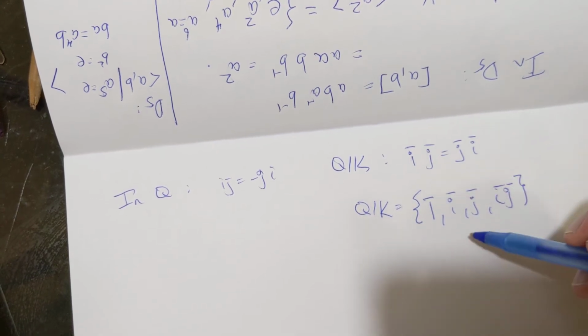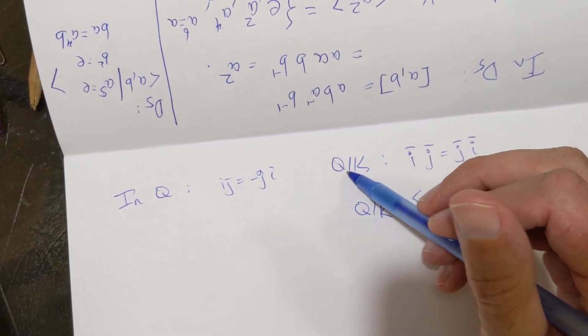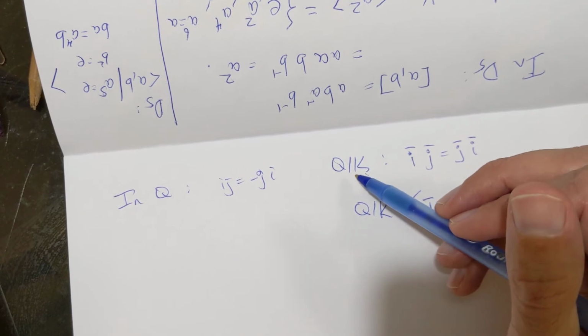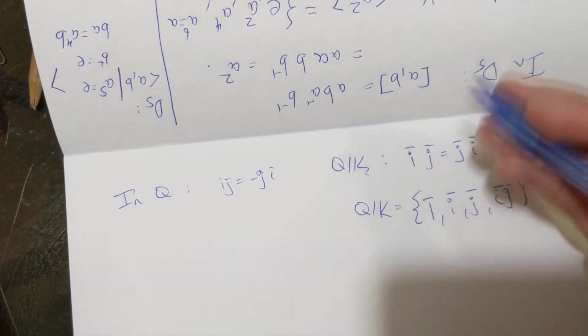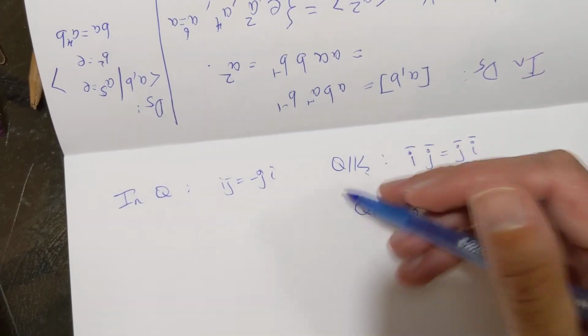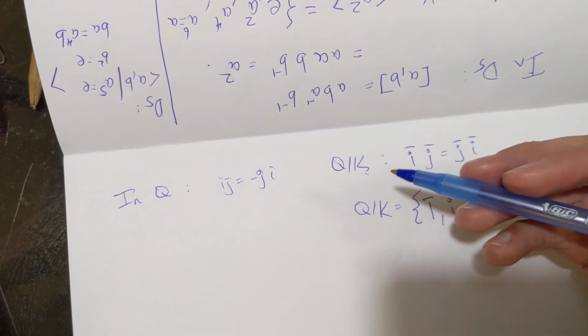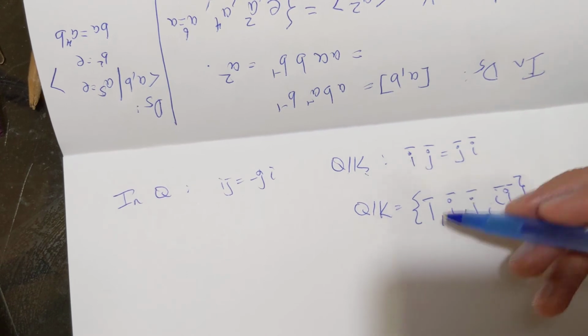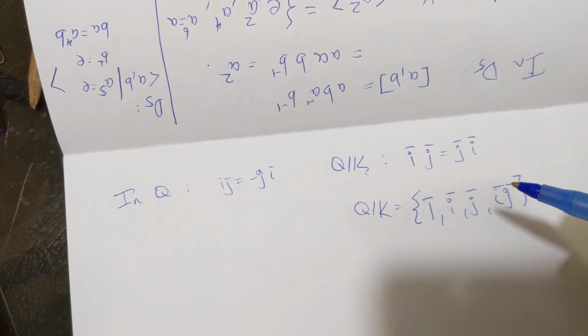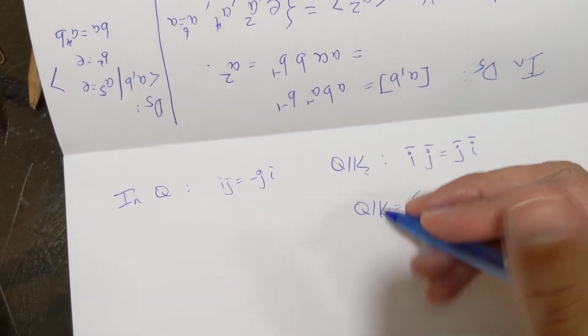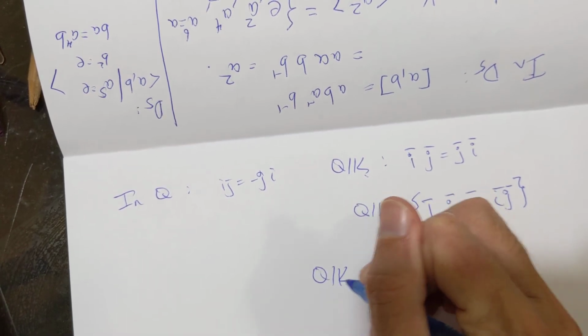In the quaternions, i squared is negative 1, but when you mod out by K, the sign doesn't matter. So i squared is 1 or negative 1, that's the same thing mod K. So Q mod K is abelian.